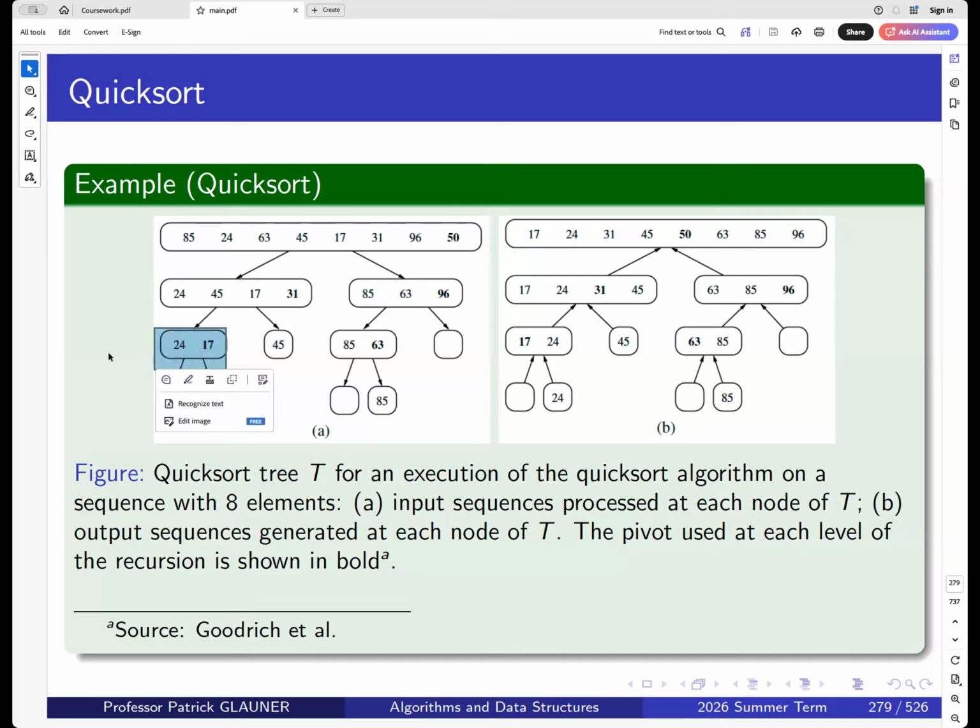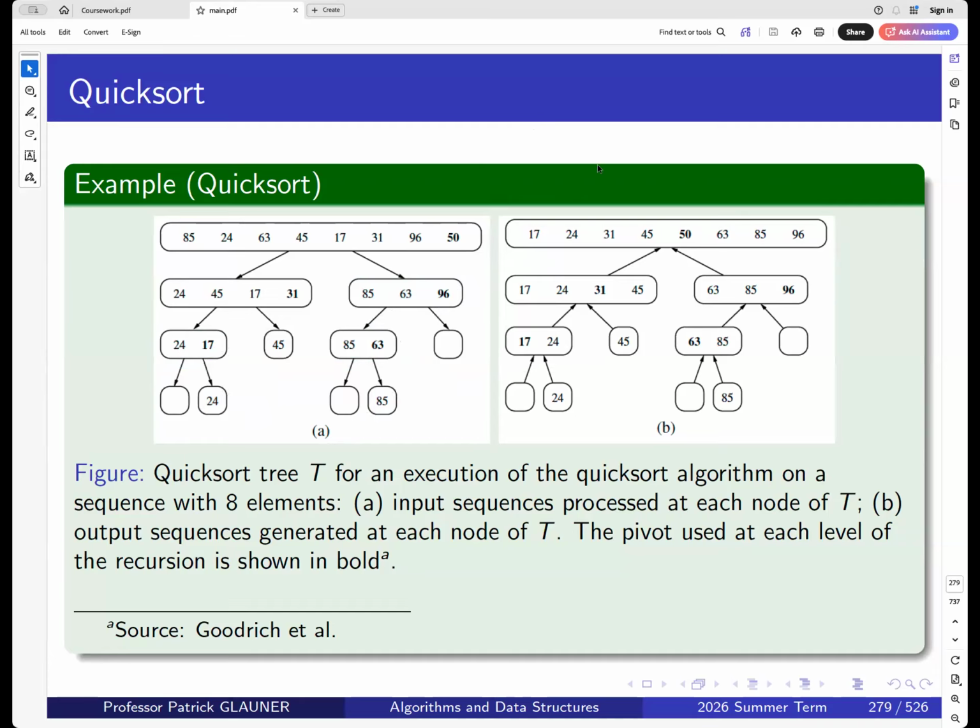And for this sublist, we do the same again, 24 and 17. 17 is the pivot and 24 is greater than the pivot. For this sublist, we're doing the same. 85 and 63 are less than 96, so there's only a left sublist. And 63 is the pivot, so 85 is greater than the pivot.